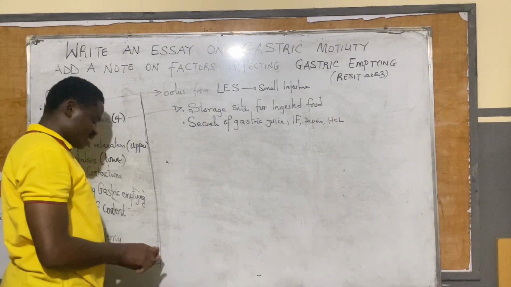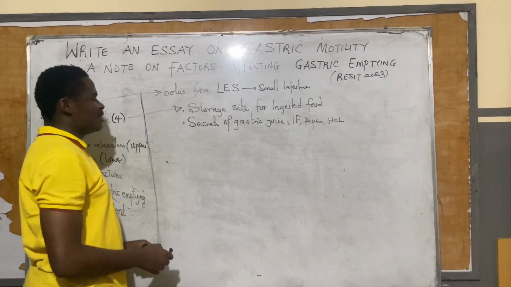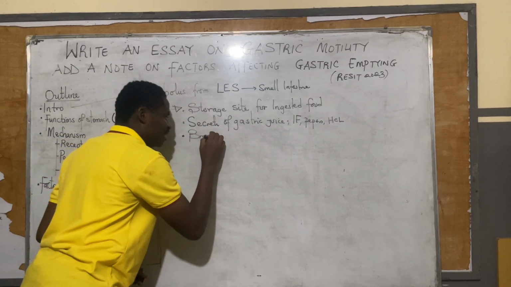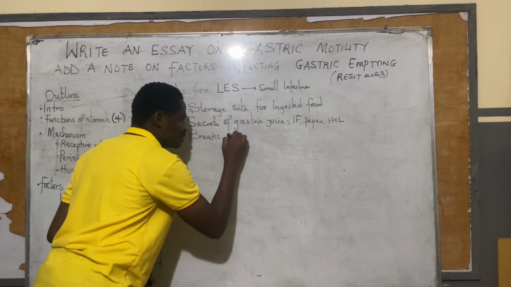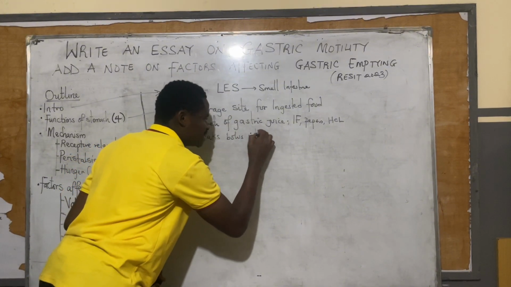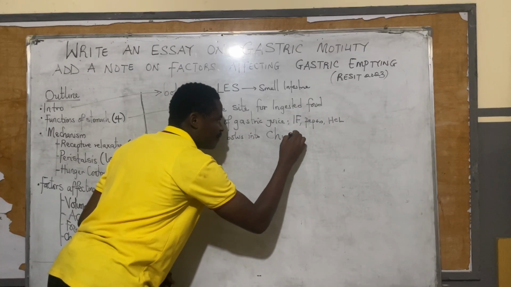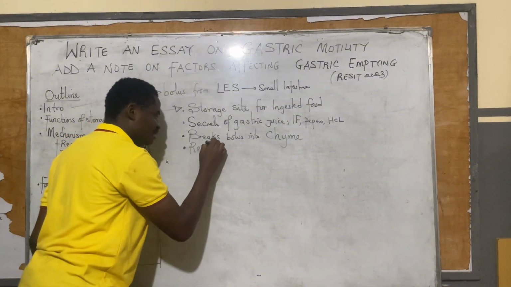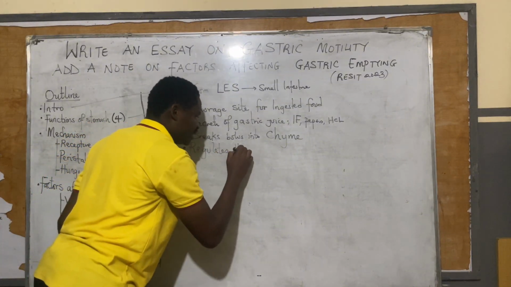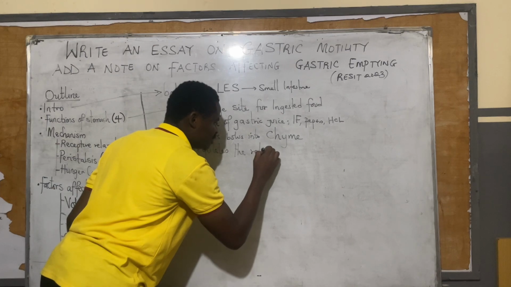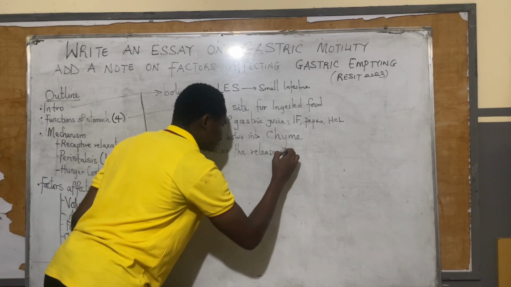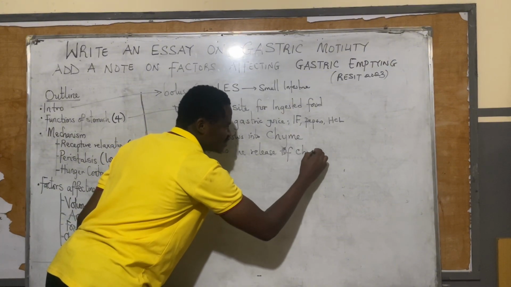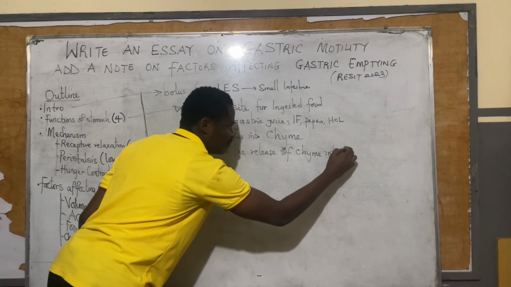Now, what's the third function of our stomach? The third function is that it helps to break the bolus into chyme. And then the fourth point, it regulates the release of chyme into the small intestine.